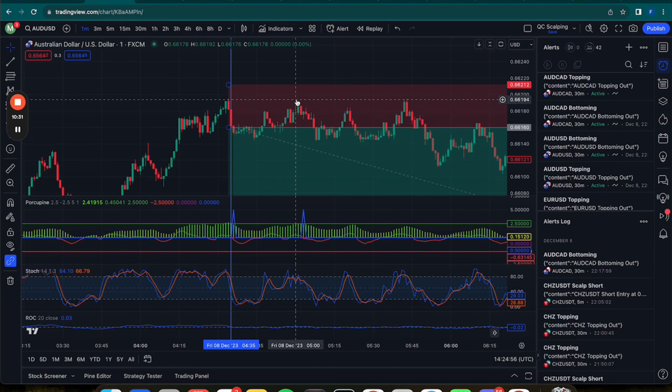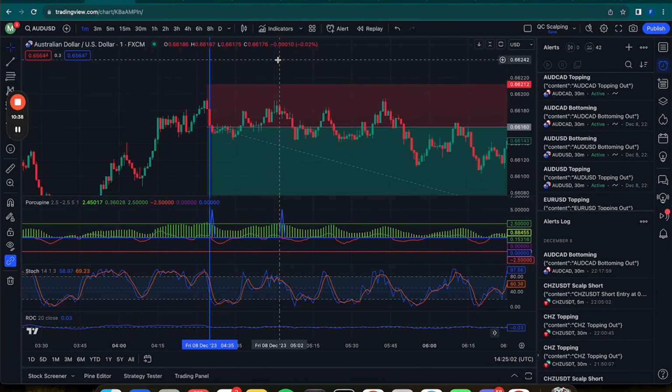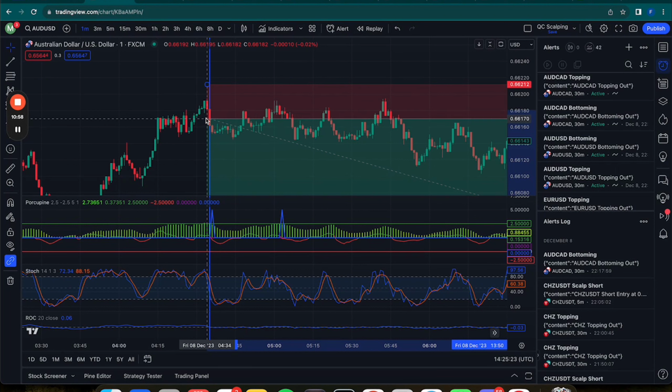But as long as the price stays below the previous range and our 1 minute tops out, it's very good news, because what that means is that the next move is going to be down, and as the 1 minute goes down, it will move us away from this top of the range. So when we get the chance of the 1 minute being topped out and we're at the top of the range, that's a great time to enter more, because what will happen is you will move your average entry higher.